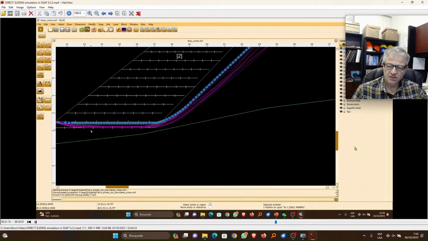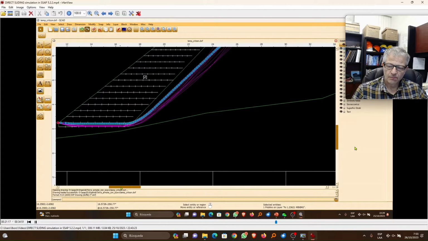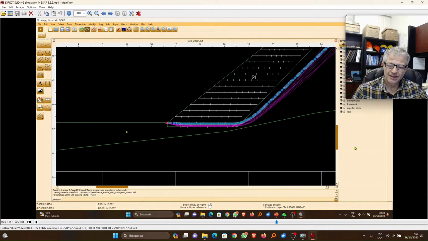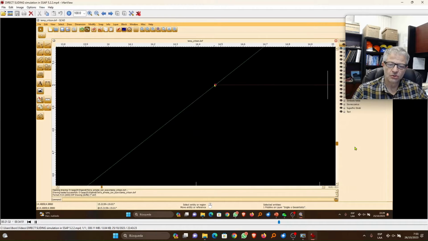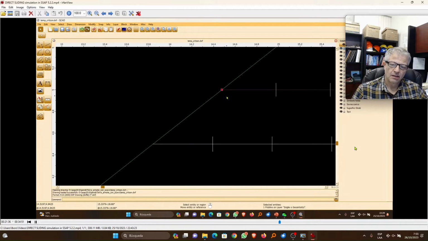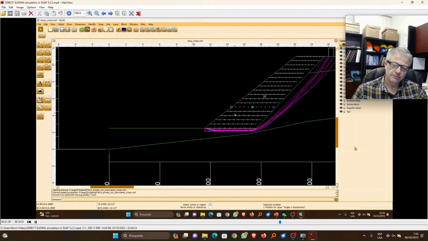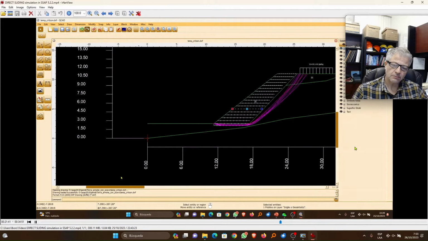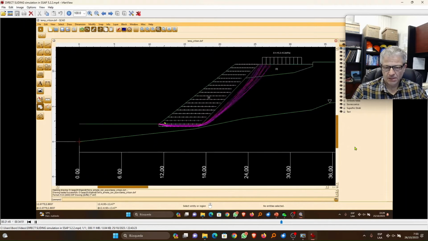the surfaces that we show, only the 10 surfaces with the lowest safety factor identified, even if there are 1,000 more, and also the surfaces that pass very close to the other reinforcement are analyzed as well.